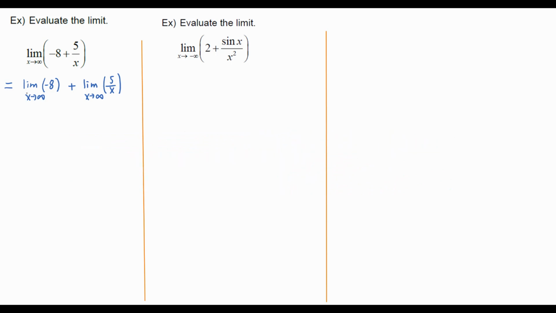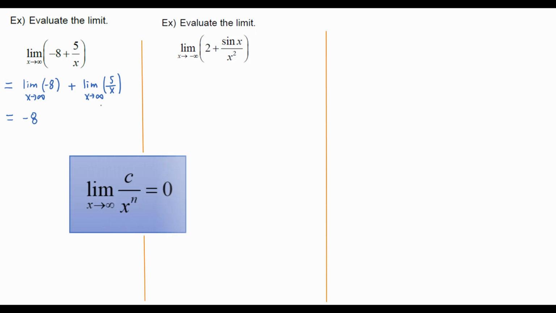And as you know, the limit of a constant is a constant. So this limit will go to negative 8, and the limit of 5 over x as x approaches infinity is what we learned today. When we are taking the limit of a quotient where the numerator is a fixed constant and the denominator goes to infinity or negative infinity, we know the resulting limit is 0.